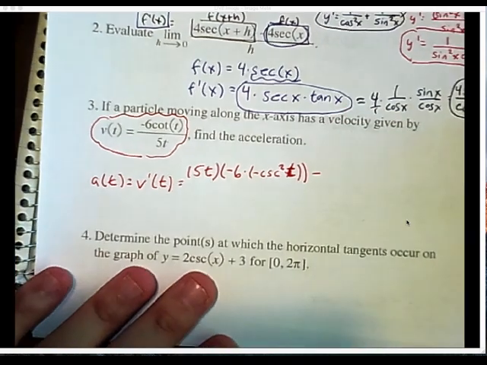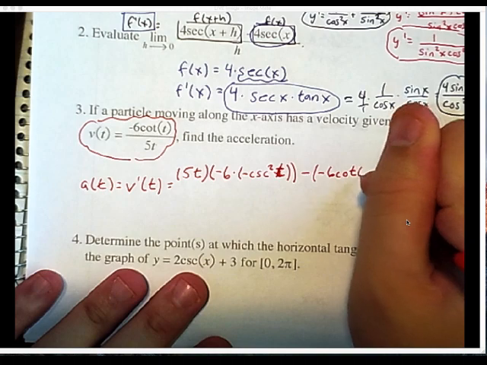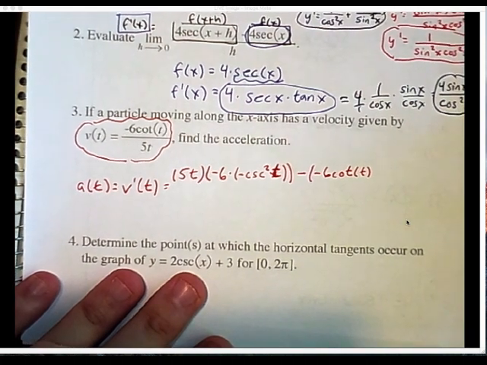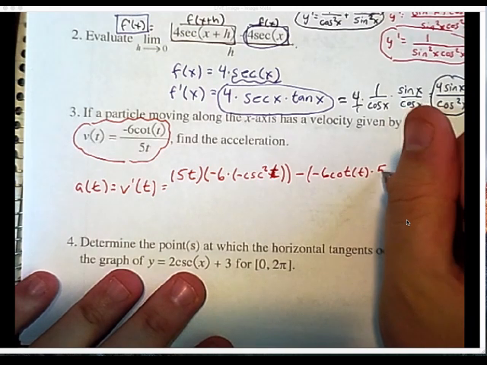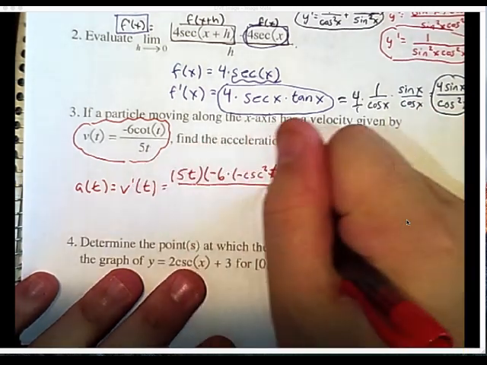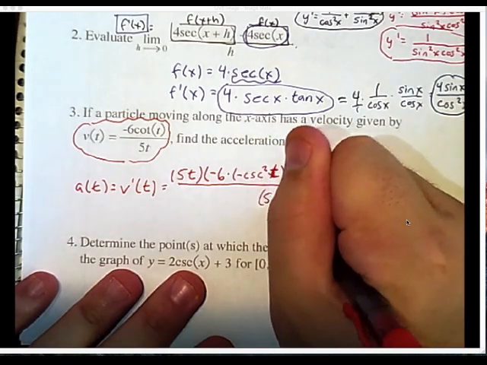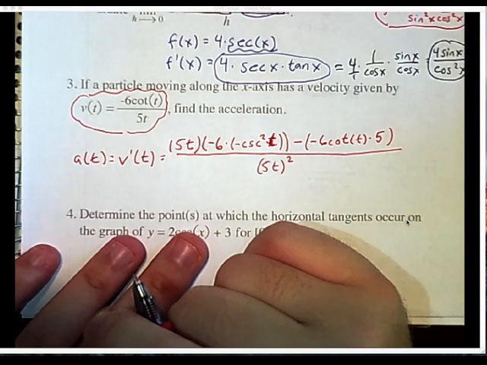Minus high, -6 cotangent of t, d low, the derivative of 5t is just 5, all over low squared. The entire 5t gets squared.